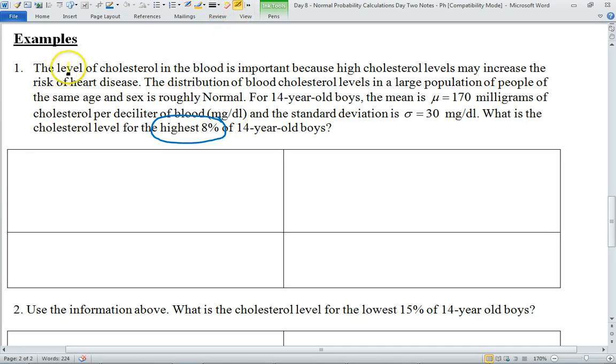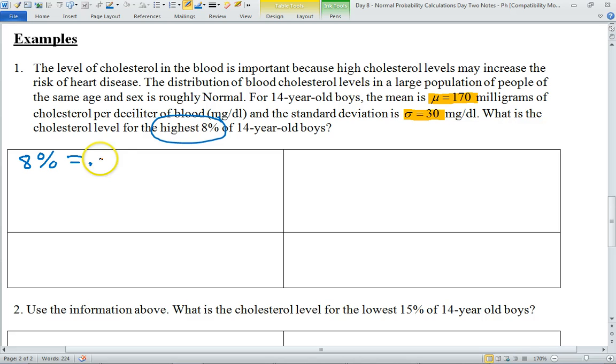Okay, so that's what we have to do. So let's see, critical information. The level of cholesterol is important, and so on. The mean is 170. The standard deviation is 30. Okay, and we're shooting for a target of 8%. So 8%. Let's start with that. Let's convert that and find it on the chart. So 8% equals, what would this be as a decimal?